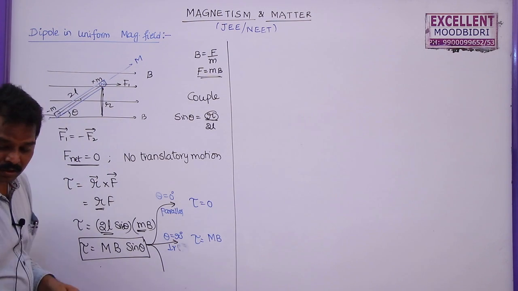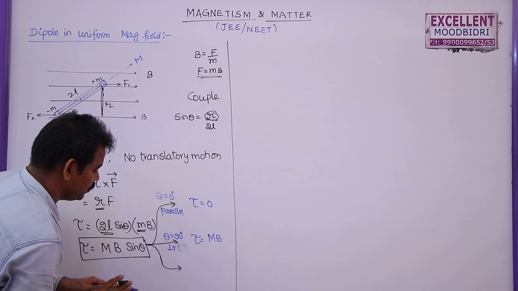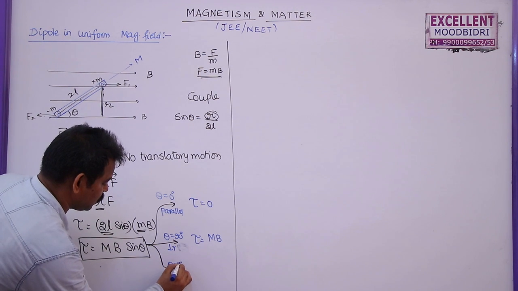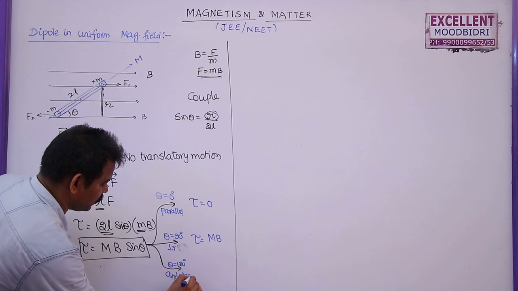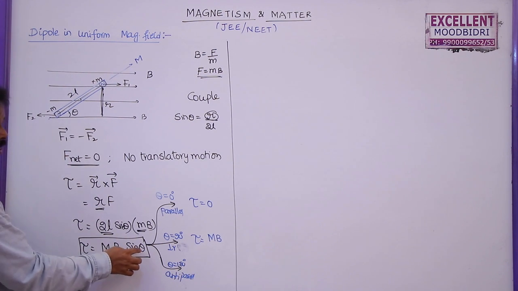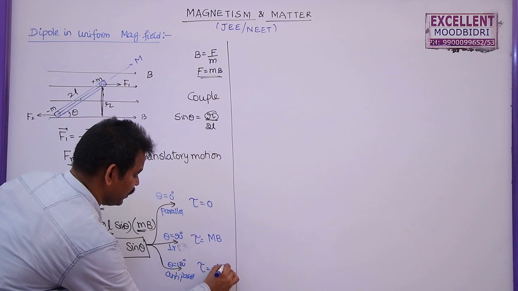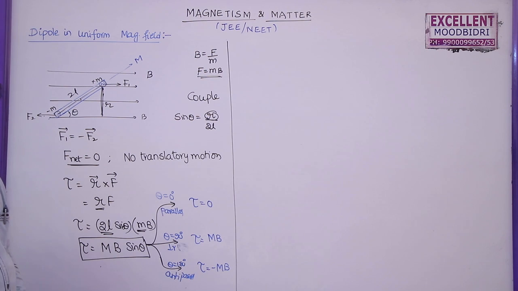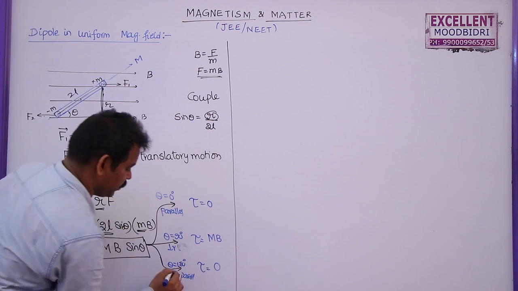And then the third case is if theta is equal to 180 degrees, anti-parallel to the field. Now sin 180 is 0, so once again the torque will become 0.